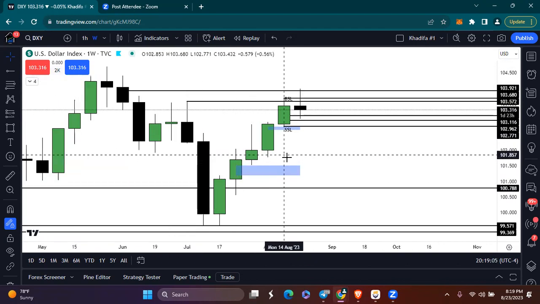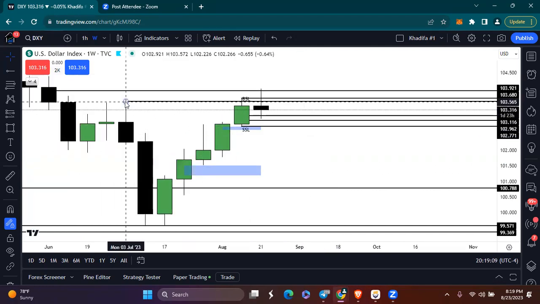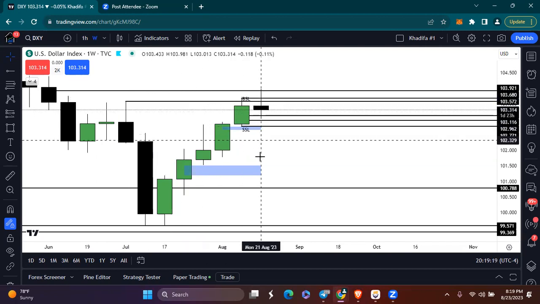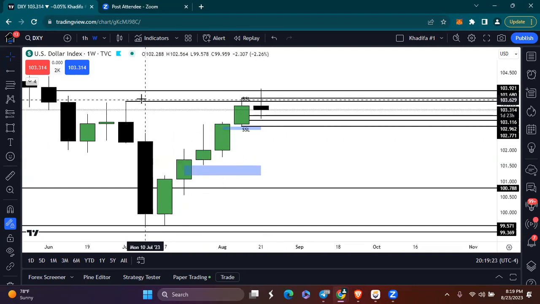And last week we had run this buy side liquidity from the week of July the 3rd, right? And usually when we run a higher time frame buy side or sell side liquidity, you can pretty much count on retracement off of that level.